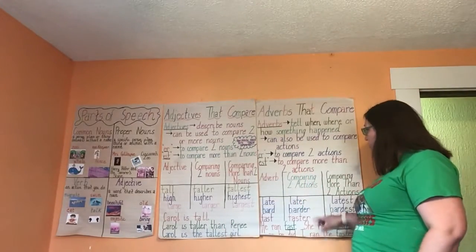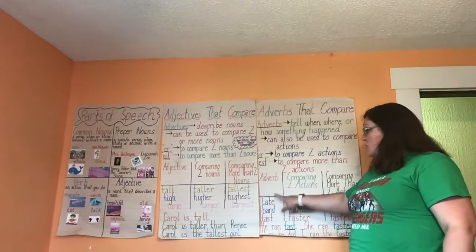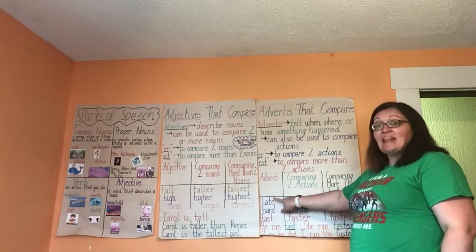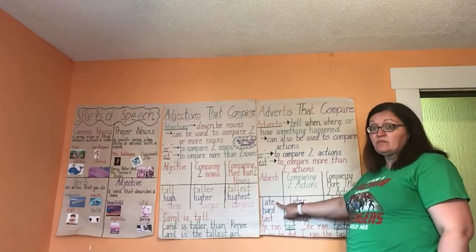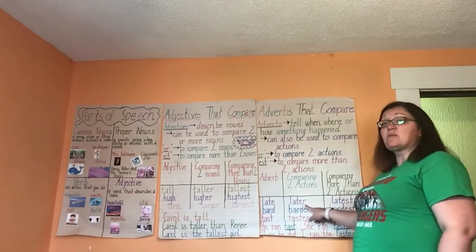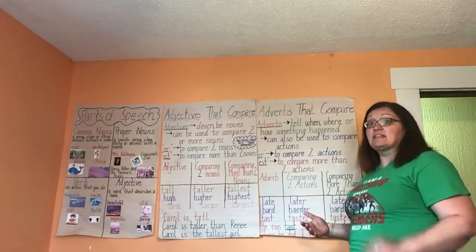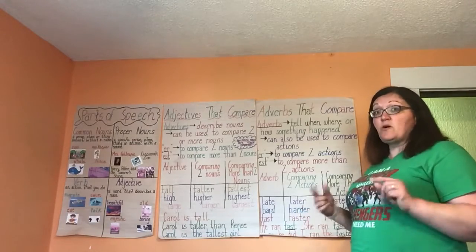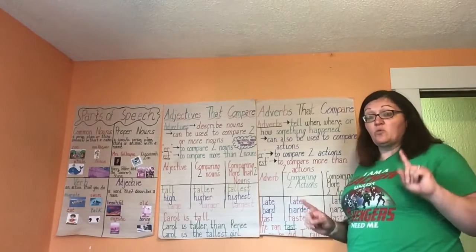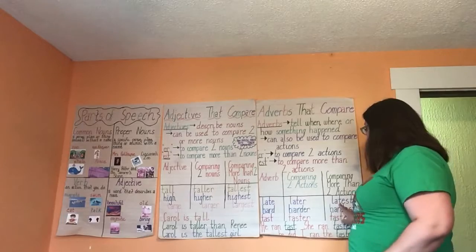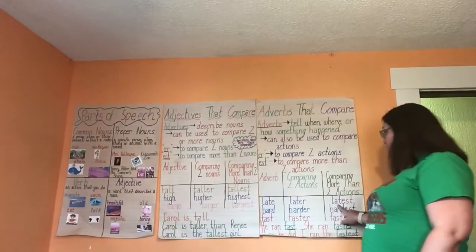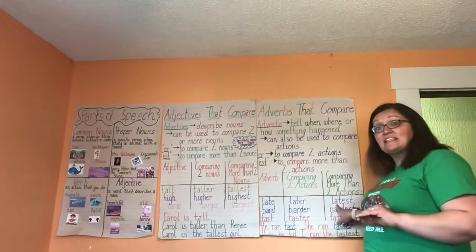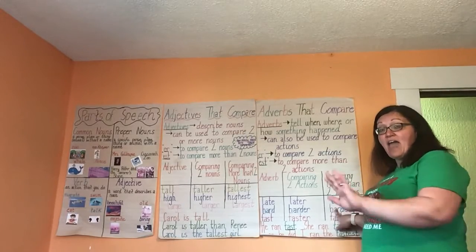Let's look at some examples. If something happened late, I turned in my homework late. Or I turned in my homework later than someone else. So you both turned in your homework late, but one of you was later than the other person. Or if I want to say I was the last to turn in my homework, I turned in my homework the latest out of everyone in the class.